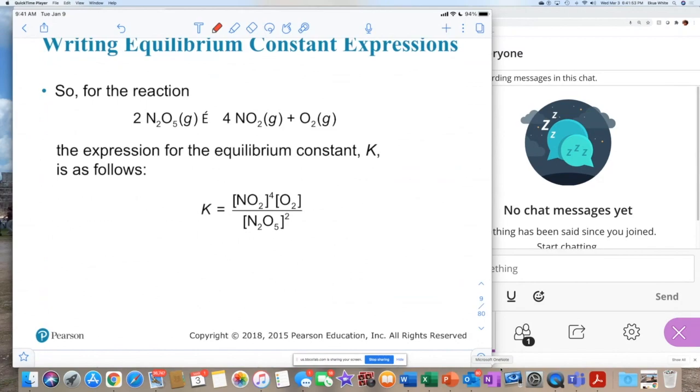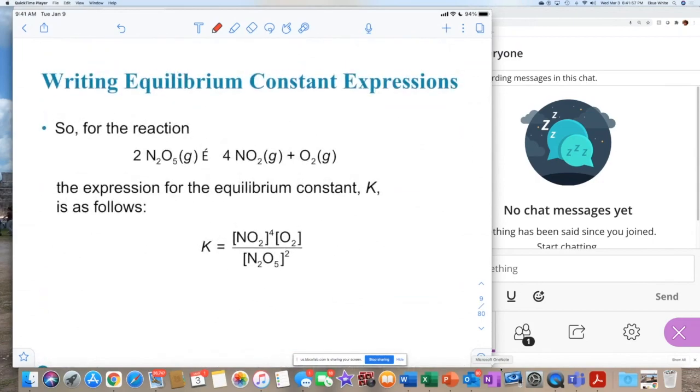The first thing you have to be able to do, given an equilibrium equation like this, or a reaction, where this E is supposed to symbolize the equilibrium arrow. We have a chemical reaction here, and you're told to write the expression for the equilibrium.